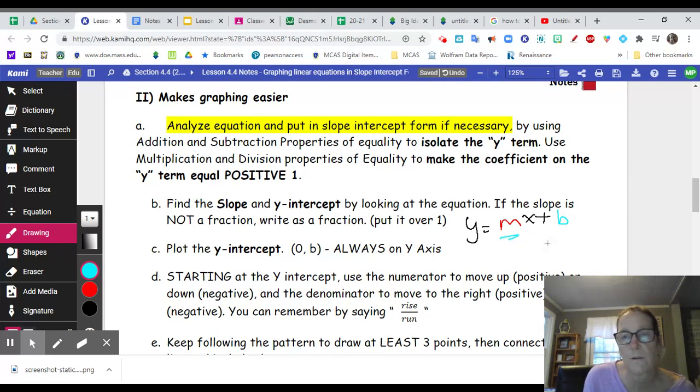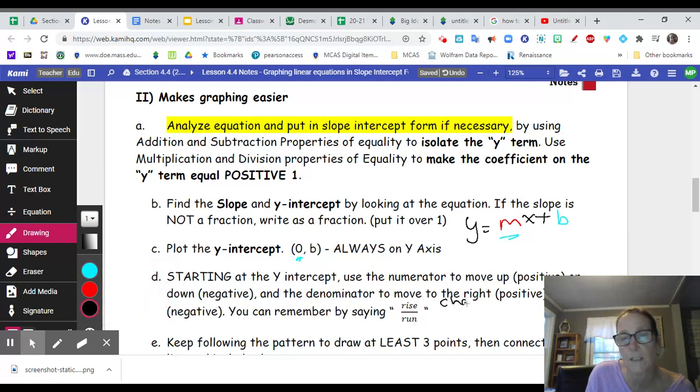Now this number, the adding number, is generally what we think of first when we go to plot it, because we can immediately imagine that the line is going to touch the y-axis at that point. And on the y-axis, every x value is 0, and so the other number is the y-intercept. And that's our starting point, at least for graphing. And then we can use the slope, where the numerator is the change in the y variable.